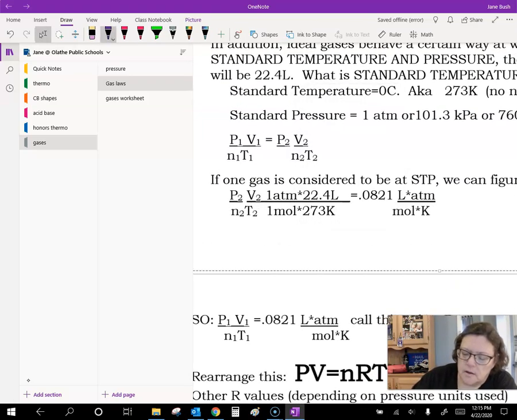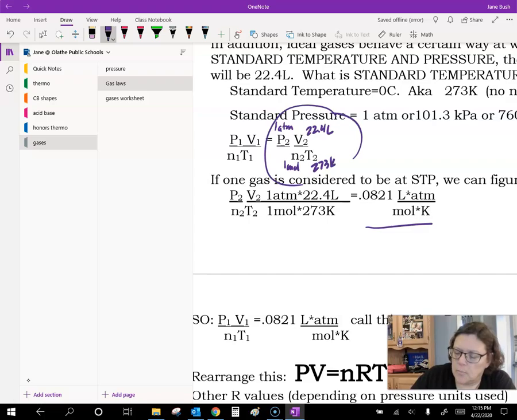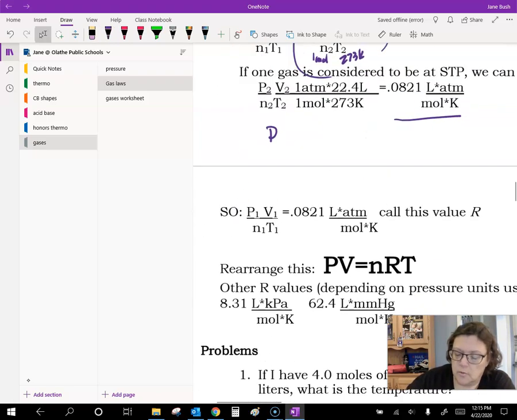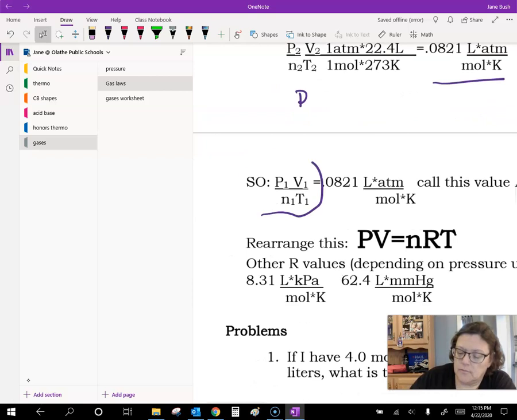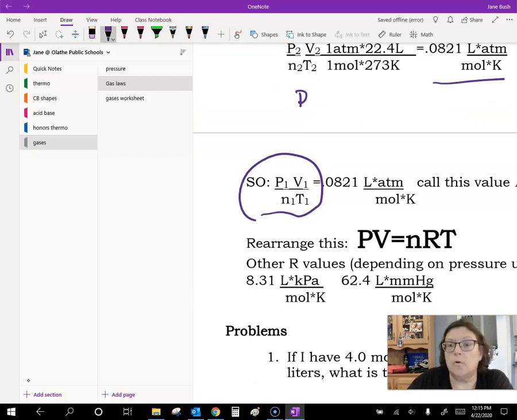I'm going to plug in 1 atmosphere, 22.4 liters, 1 mole, 273 Kelvin. And if I do that, I come up with 0.0821. The units are very freaky: liter atmospheres over mole kelvins. That is equal to P1 V1 over N1 T1, which is right here.